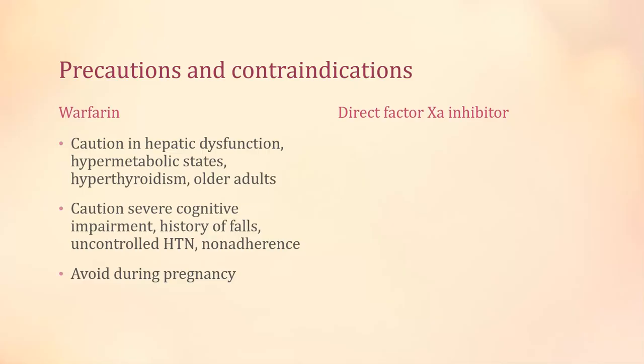Also, caution with severe cognitive impairment, a history of falls, uncontrolled hypertension or non-adherence, and warfarin should be avoided during pregnancy. Warfarin does cross the placenta and can cause hemorrhagic disorders in the fetus and serious birth defects.